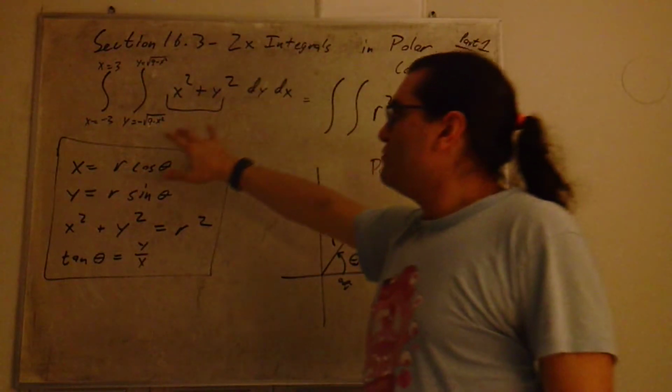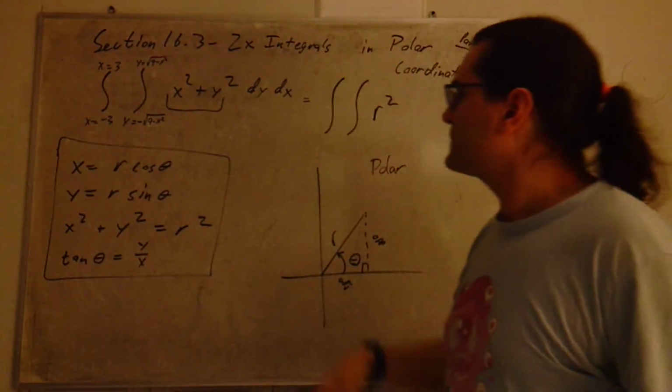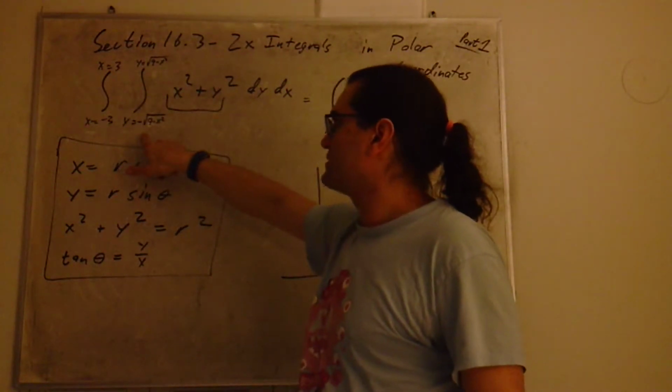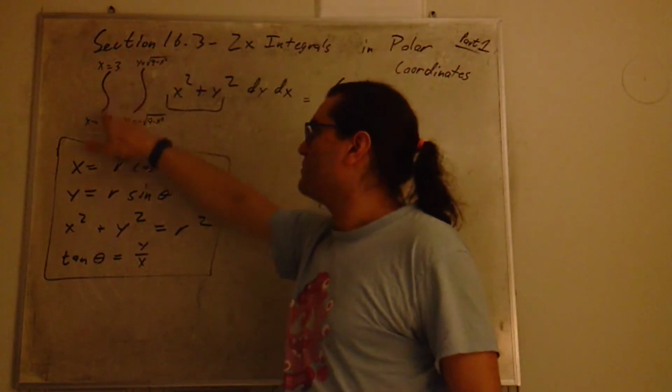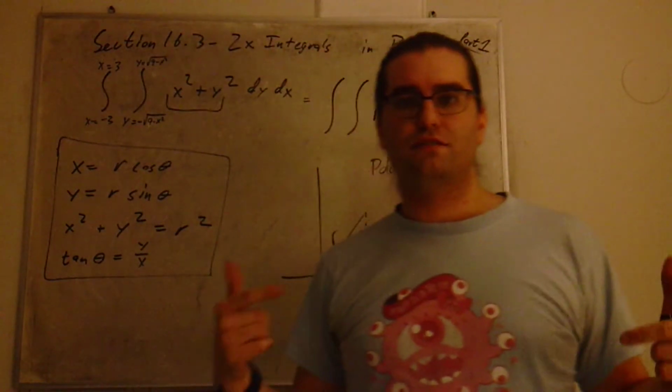We need new bounds if we're going to do this in polar coordinates. And these bounds are actually going to be extremely easy for us. These bounds as written described for us a circle of radius 3.